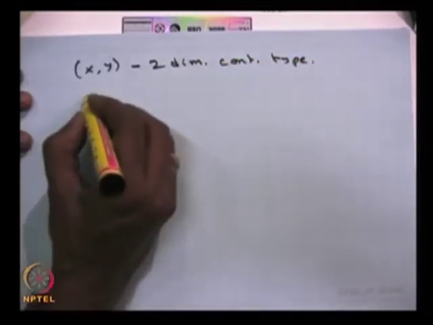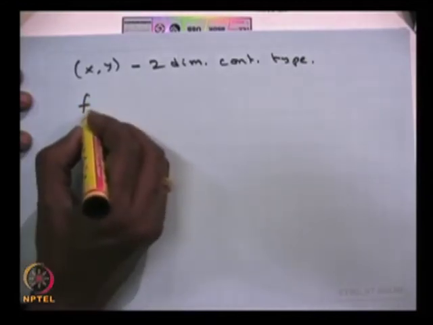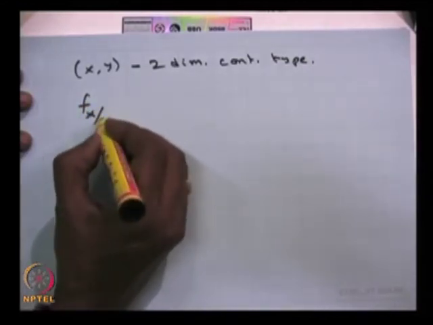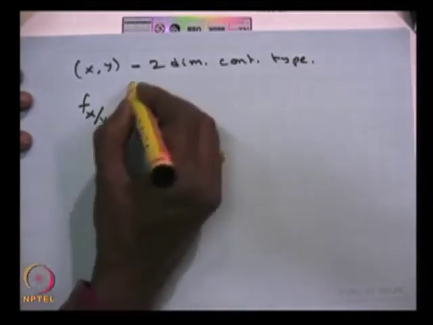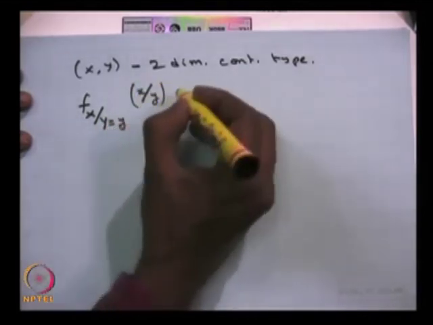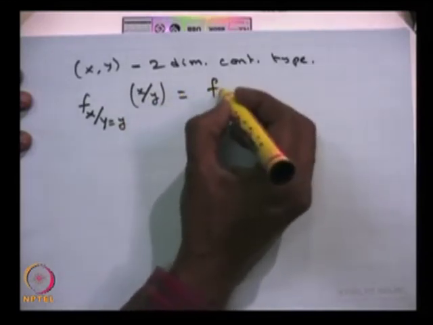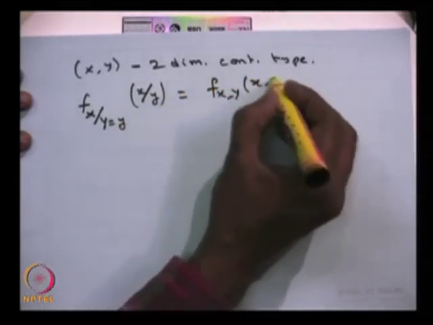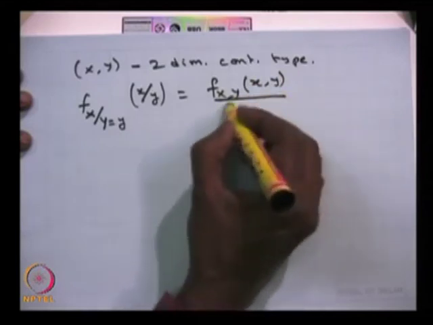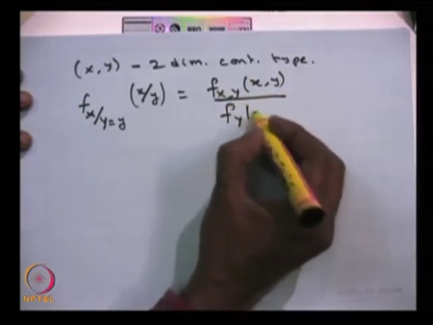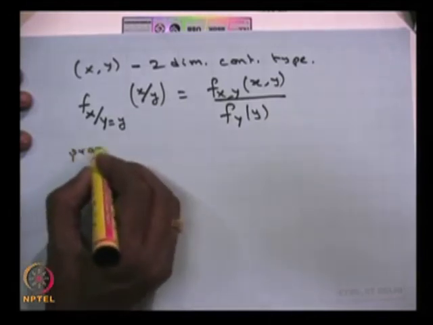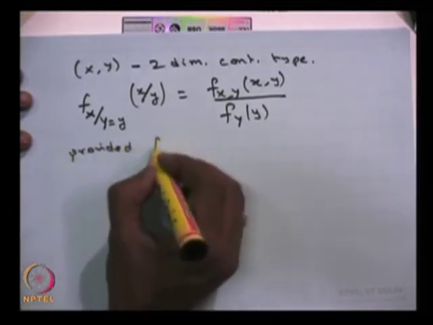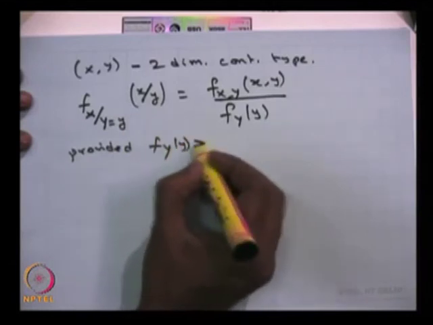That means you can define the probability density function of a random variable X given that Y takes a value y, that is X given Y. This is nothing but the joint probability density function of X with Y divided by the marginal density of Y, and here also the provided condition is that f of y is strictly greater than 0.